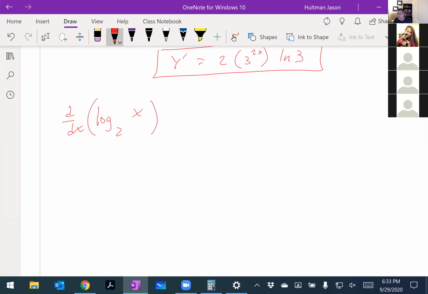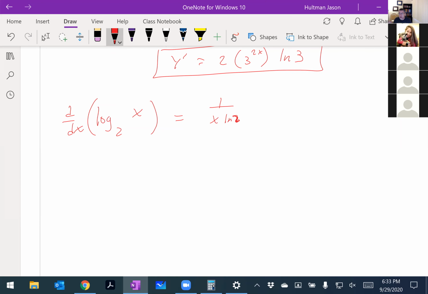It's very much like we did before, where instead of taking the natural log to both sides, we would raise both sides to the e power, and then we turn it into an exponential. But this is going to be equal to 1 over x times the natural log of 2. That's it.